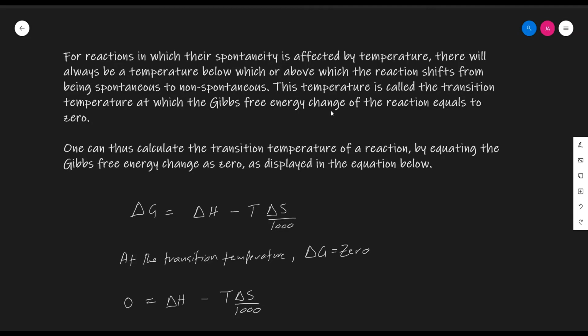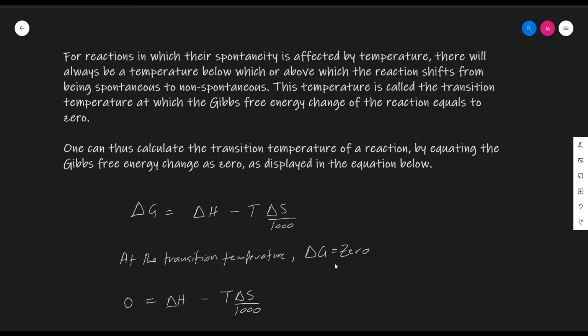Therefore, to calculate the transition temperature, one should equate delta G as 0 in this chemical equation. I've stated here, one can thus calculate the transition temperature of a reaction by equating the Gibbs free energy change as 0, as displayed in the equation below. Delta G equals delta H minus T delta S divided by 1000.